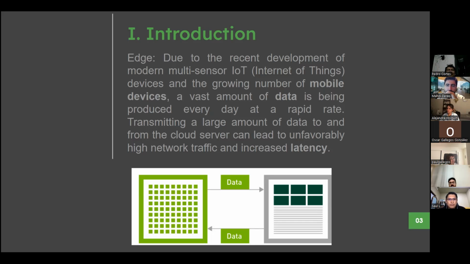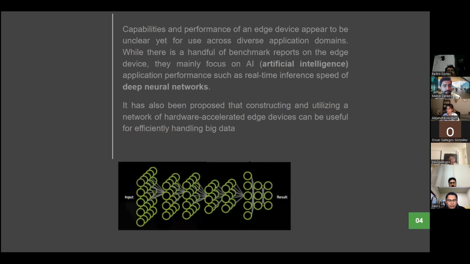So it is a challenge how they move all this data from server to the device. And there are some challenges there, because at the moment there are some tests or benchmarks for CPU and for deep neural networks, instead of using the GPU for some specific devices or tasks.